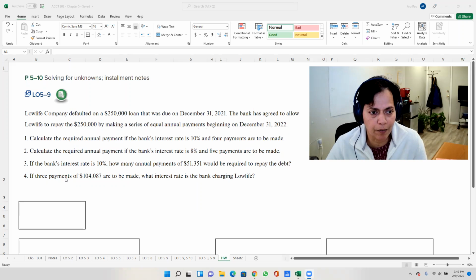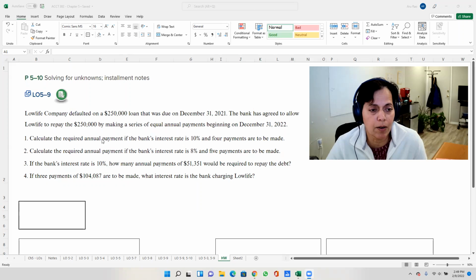So even before we look at the 4 different options over here, let's look at these 2 sentences and get some information. We are the company, we have defaulted on a $250,000 loan that is today. That's December 31st, 2021, which means this is the present value of the number that we are looking at.